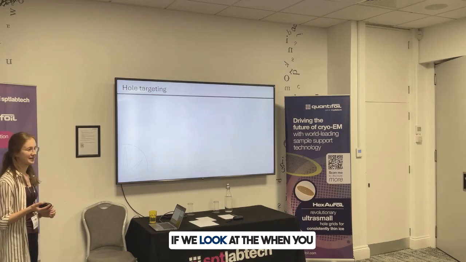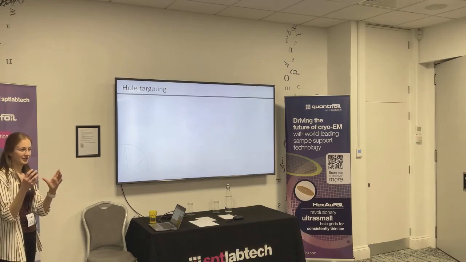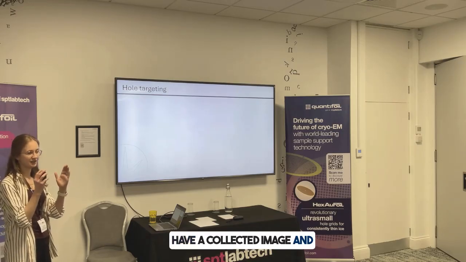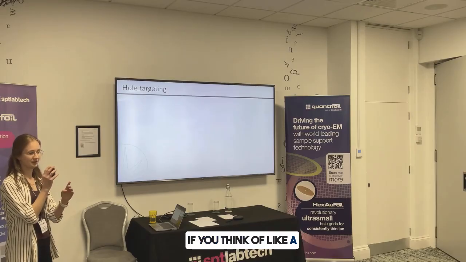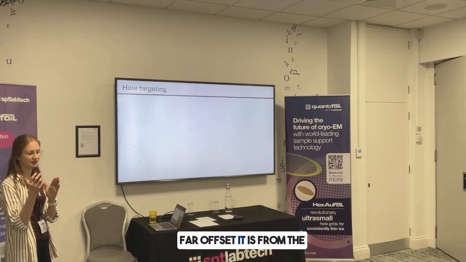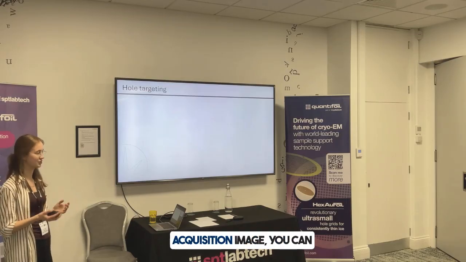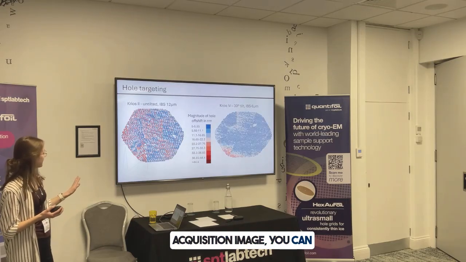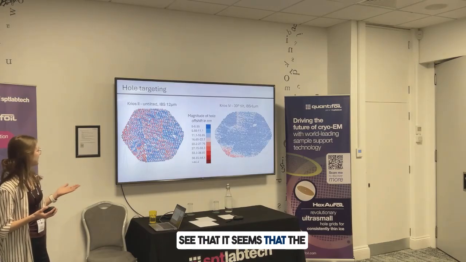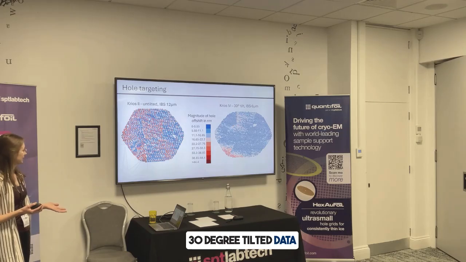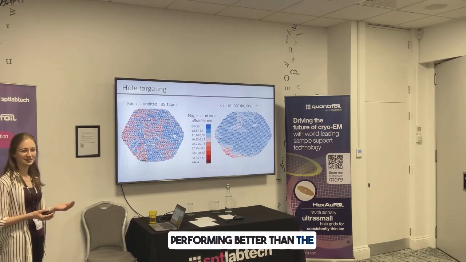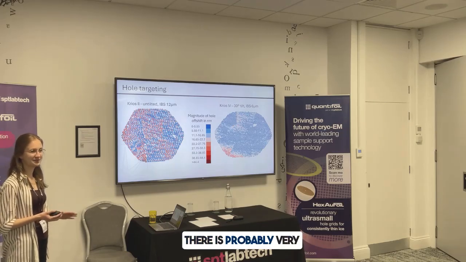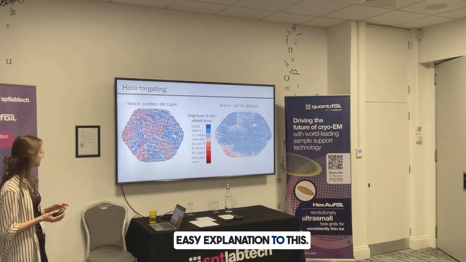If you look at a collected image, and think of the center of the hole and how far offset it is from the center of the data acquisition image, you can see that the 30-degree tilted data collection is actually performing better than the untilted one. There is probably a very easy explanation to this.